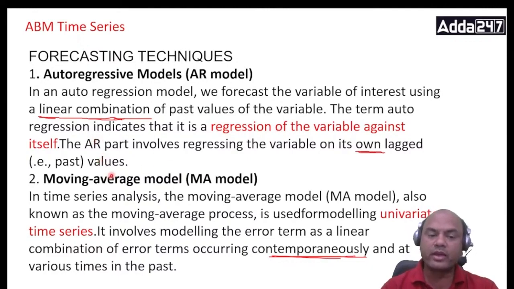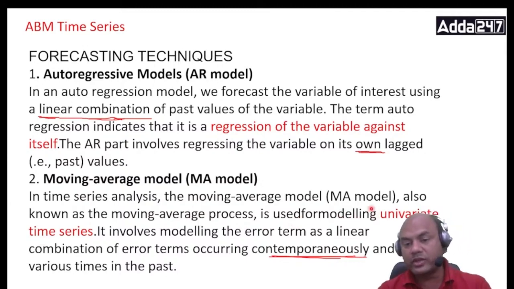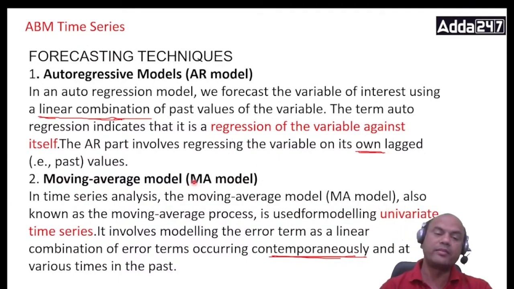MA means what? Moving average. In time series analysis, the moving average, also known as the moving average process, is used for modeling univariate time series. See, this word univariate will be there in moving average. It involves modeling the error term as a linear combination of error terms occurring contemporaneously. What is this contemporaneously?